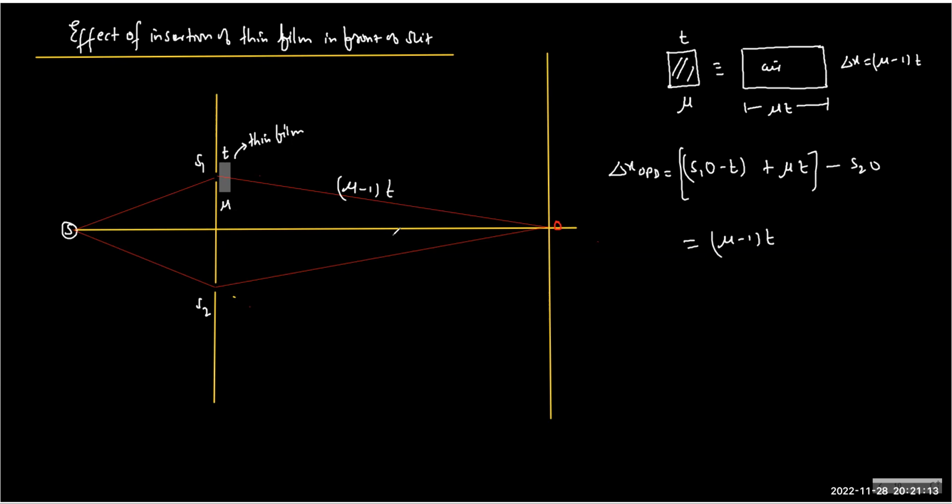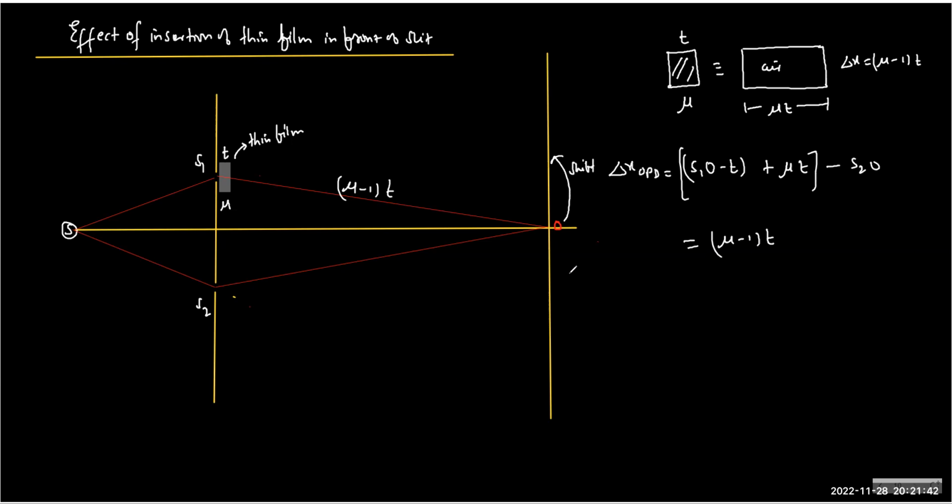So we have to increase the length of the S2 path and decrease the length of the S1 path, right? Yes, sir. Because if we decrease it geometrically, the optical increment will compensate. So to compensate the optical increment, we have to decrease geometrically. Correct? And that is only possible when the fringe pattern shifts upwards. So we can say the shift will be upward.